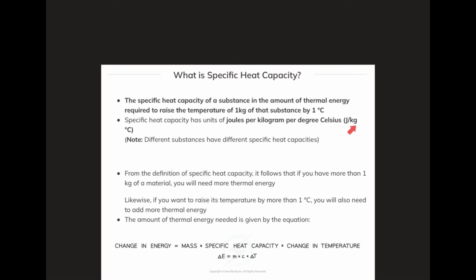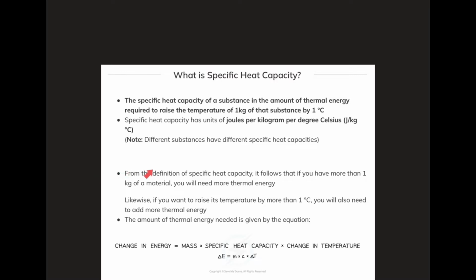So note, different substances have different specific heat capacities. This is what I was trying to say just now also. Same substance, same specific heat capacity, but different substance, different specific heat capacity.